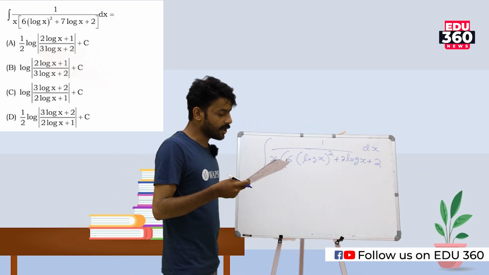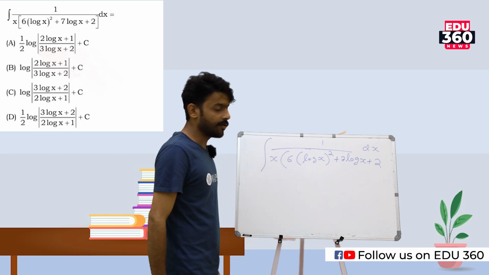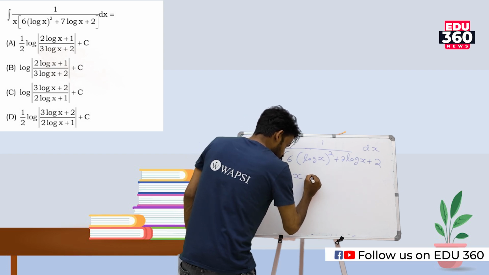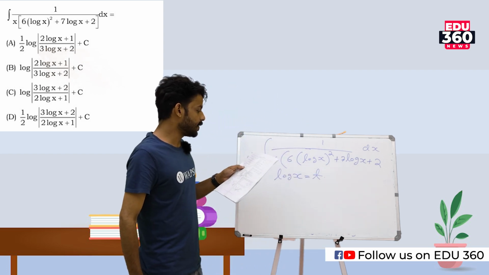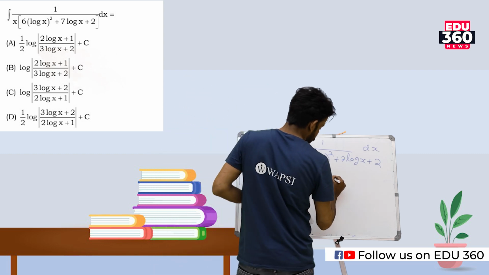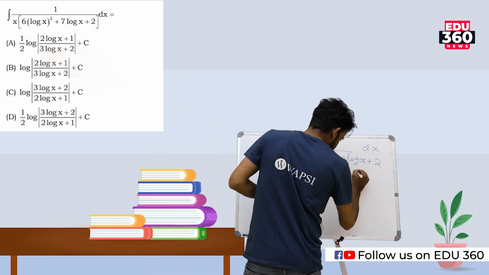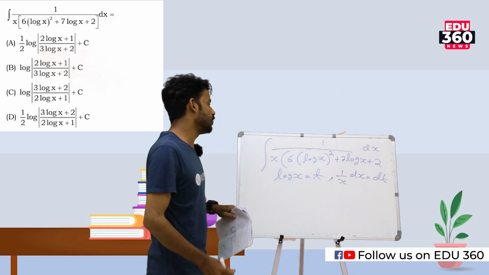First of all, I am going to substitute log x as t. So log x is equal to t. Finding the derivative, 1 by x dx is equal to dt.